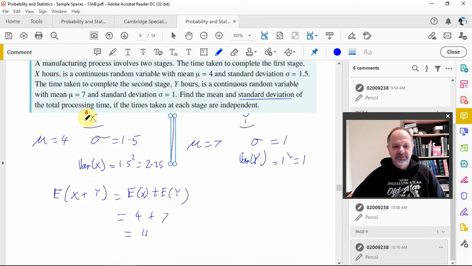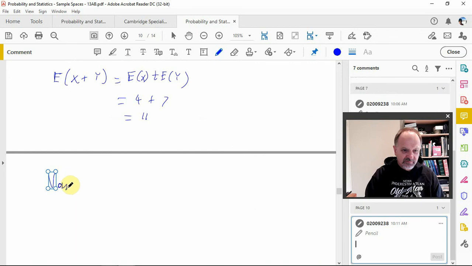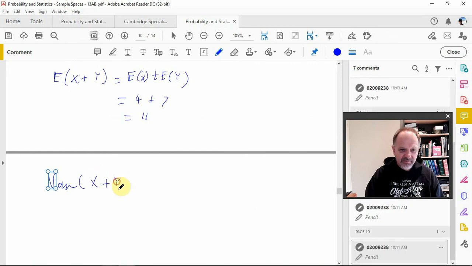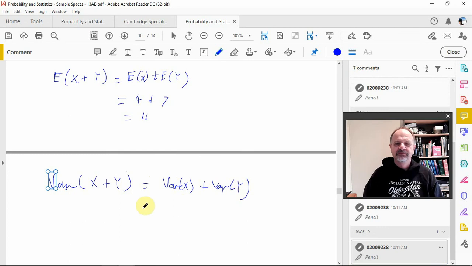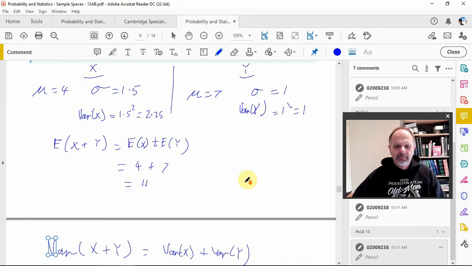So the variance of x plus y, and because the numbers in front of the x and the y are 1, it's just simply the variance of x plus the variance of y. So I haven't all of a sudden come up with some different relationships. These numbers are 1 in the example, so they are the same.